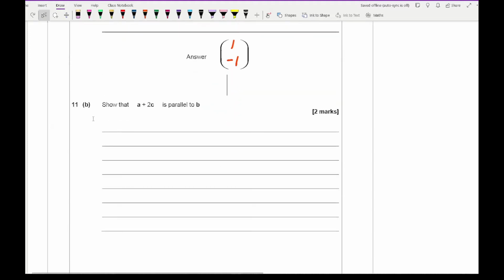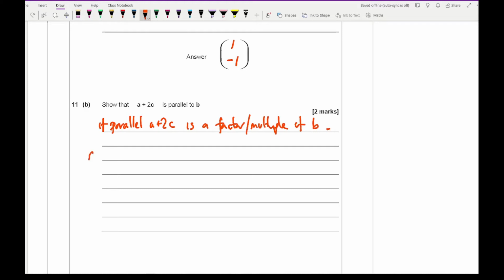Now for question 11b, it says show that a plus 2c is parallel to b. So for this, all I need to show is that a plus 2c is a multiple of b. So if parallel, a plus 2c is a multiple of b.